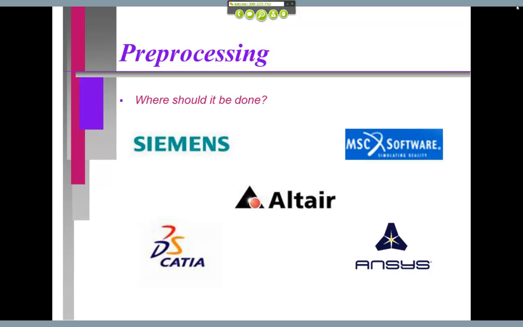What if I choose to do it inside of a world-class pre-processing system like Altair? Altair's claim to fame is we are the best pre-processor. We're the best mesher in the world for structural meshes. There's better meshes for CFD. What if our company decides this is where they want it done? Is that a good choice?